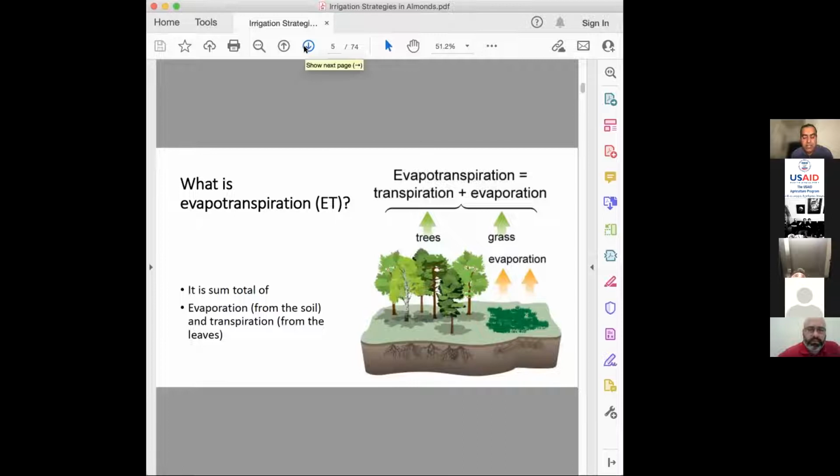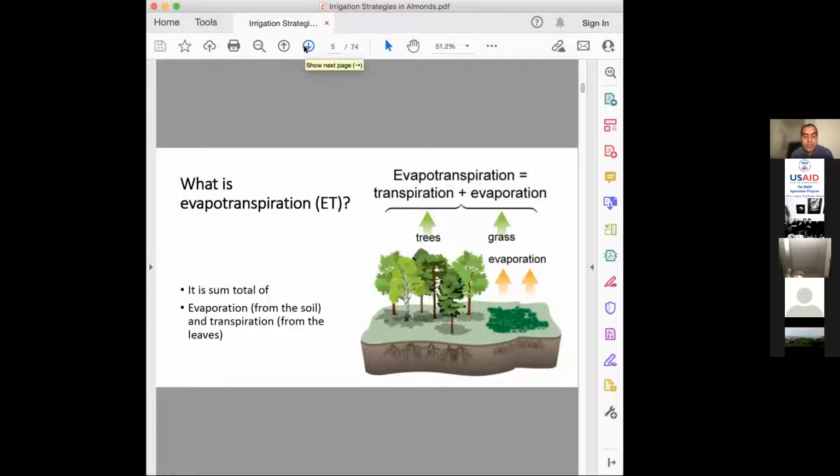Whatever water you apply, either it has to go up in the air through transpiration, or it can directly evaporate from the surface. And obviously the main goal of that water is that a lot of it is absorbed inside the tree for cellular function.